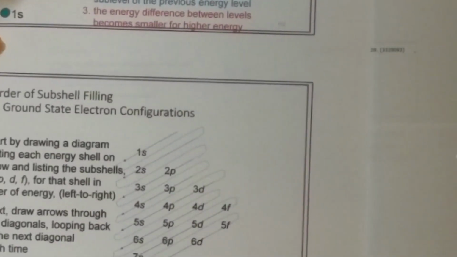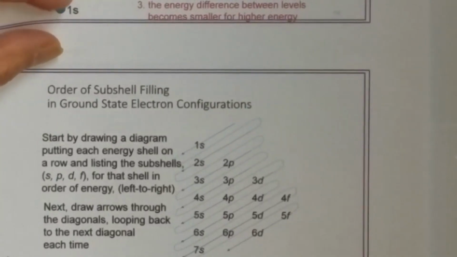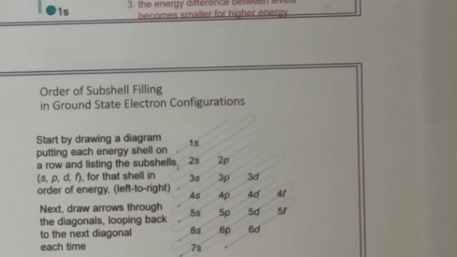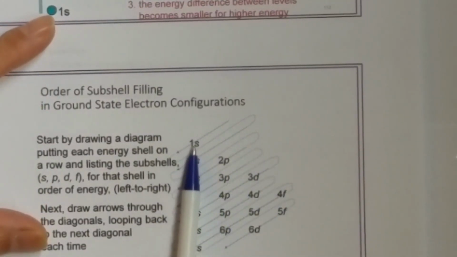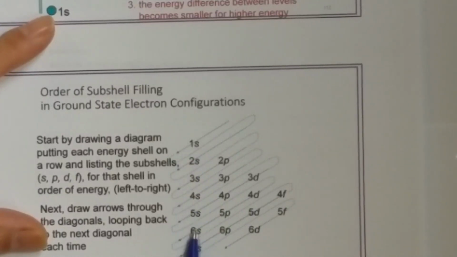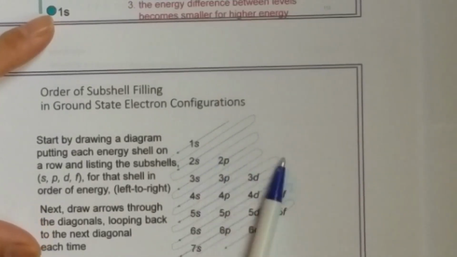Now, if you get lost with what I just talked about with the energy level, you can just use this diagram. This is very useful. You write down 1s, 2s, 3s, 4s, 5s, 6s, 7s. For 1s, because of the allowance, it cannot have any other higher energy levels.